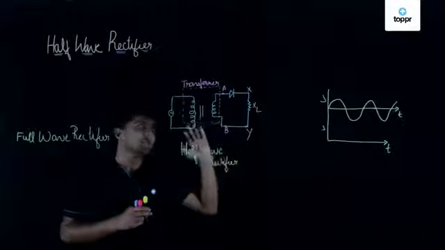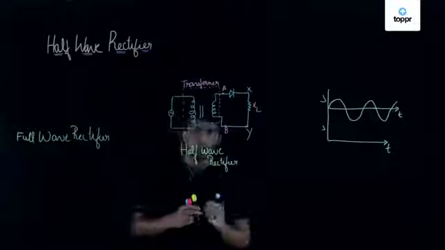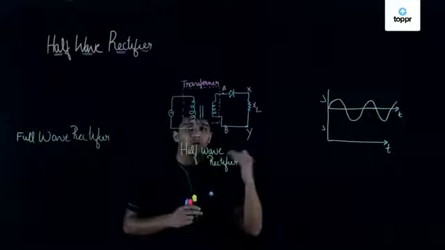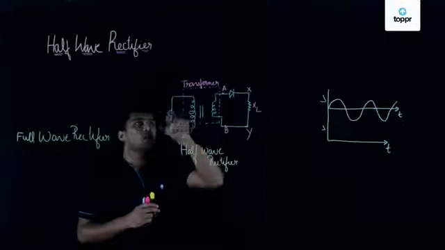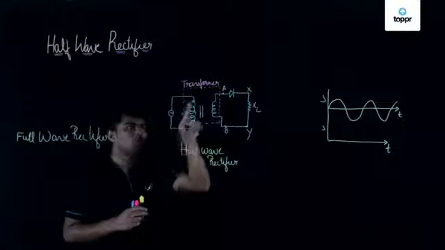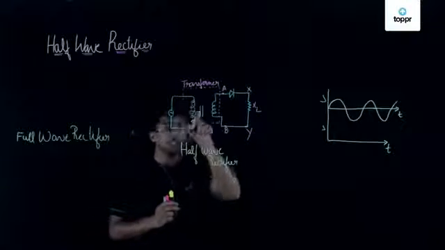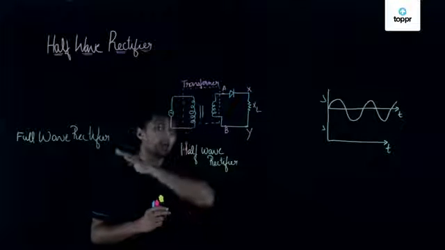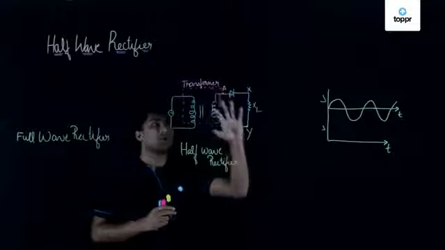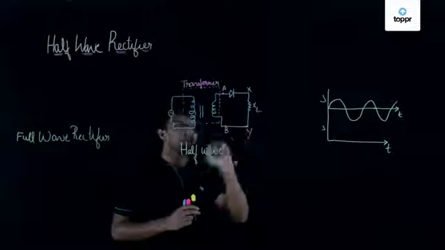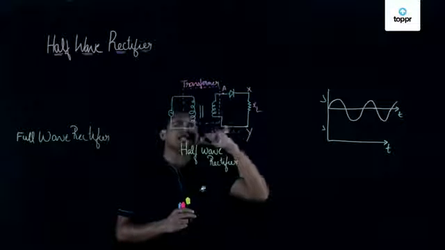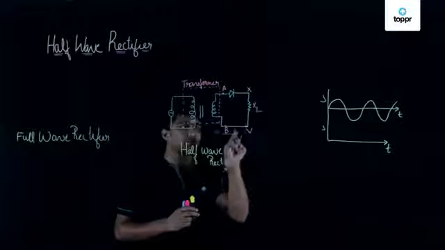Here you can see a PN junction diode, and here is a load where we are going to get the output. As it is in forward bias, when the alternating voltage flows through the primary winding, as we learned in our previous chapter, due to electromagnetic induction it will flow towards the secondary, and it will flow like this. So the diode is in forward bias.